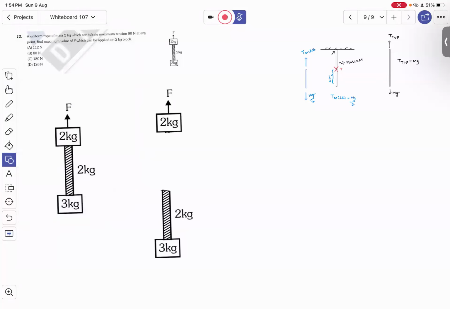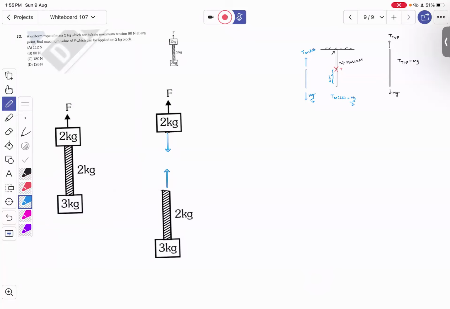So the tension at this point where the 2 kg block is connected with the rope, I'm drawing it. Tell me if I'm correct or not. It's going to be acting like that, no?